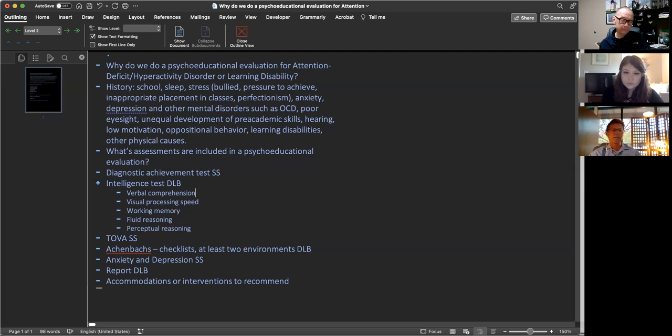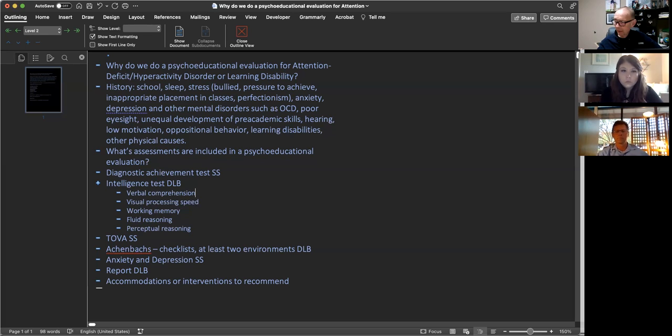Okay, how about the Achenbach checklists? This is a very comprehensive checklist, and we're getting input from parents and, depending upon the age, the student or the adult. We're getting their evaluation of a number of variables.